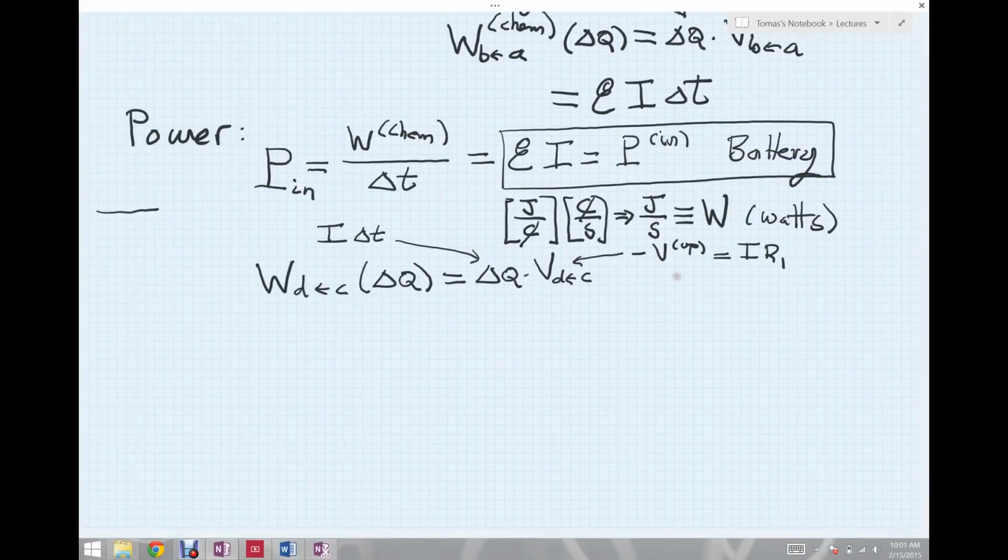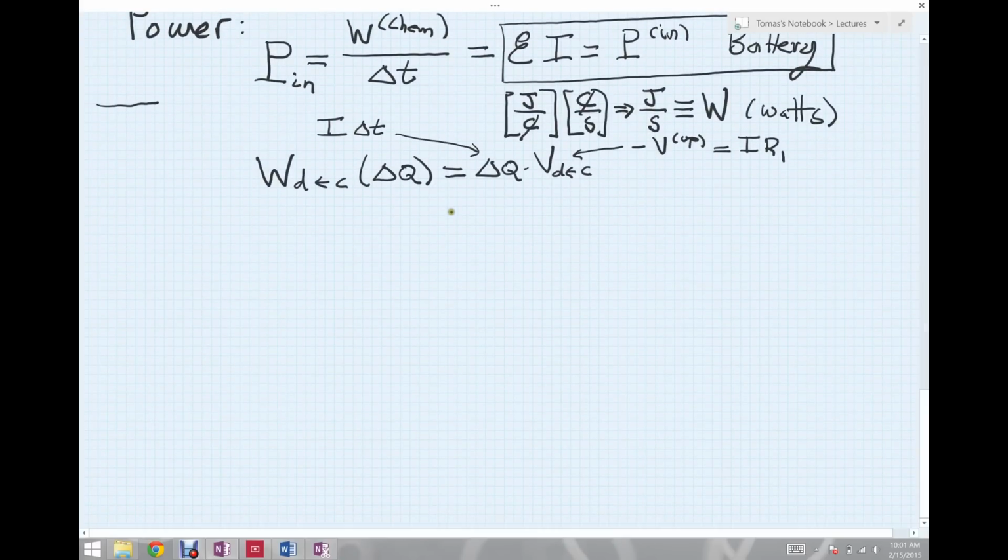Very good. Now, to continue down along with our analysis, I can substitute in, and I find that what I'm looking at is going to equal negative. When I substitute in V up, I'll have minus V up times my result for delta Q, which is the current I times the time interval delta T. And now I think we're ready to put this into some kind of a power equation. Notice that the power that we are computing is actually power that is coming out of the system, right?